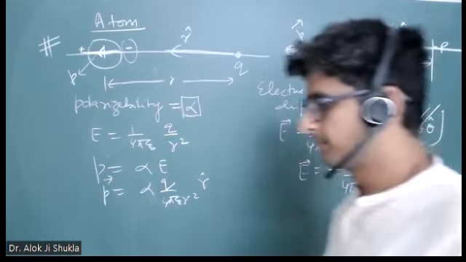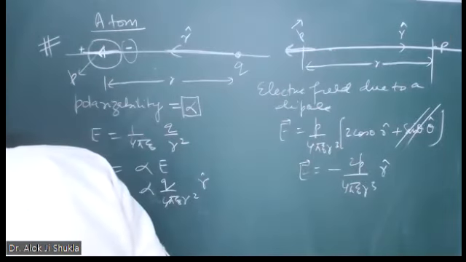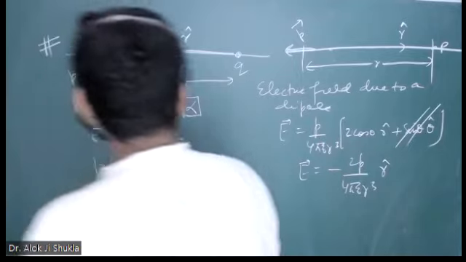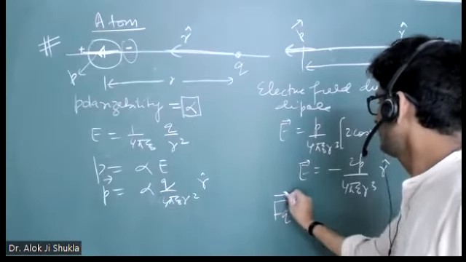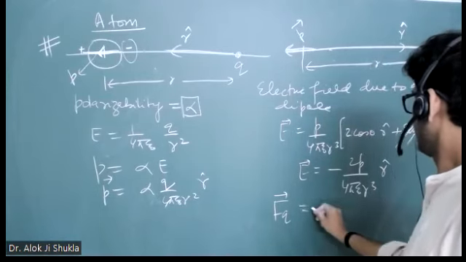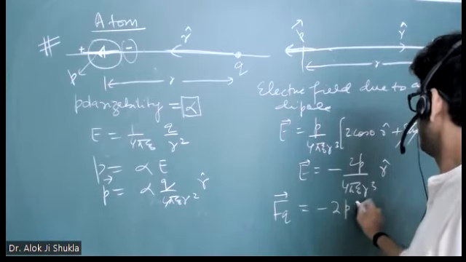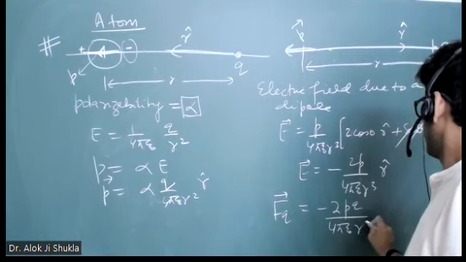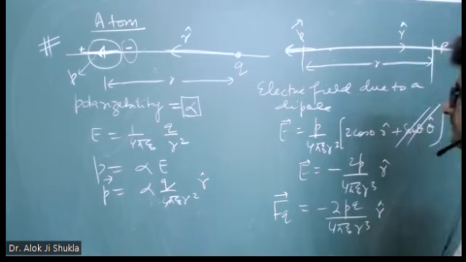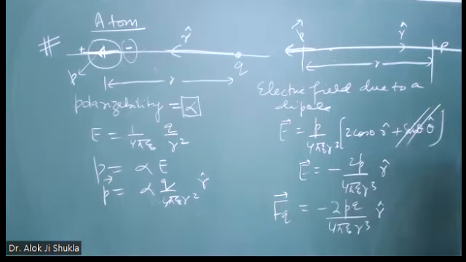Is everyone understanding? Yes, sir. So what will be the force acting on it? Force on Q will be minus 2 PQ by 4 pi epsilon naught R cube R cap. Now where is this R cap?